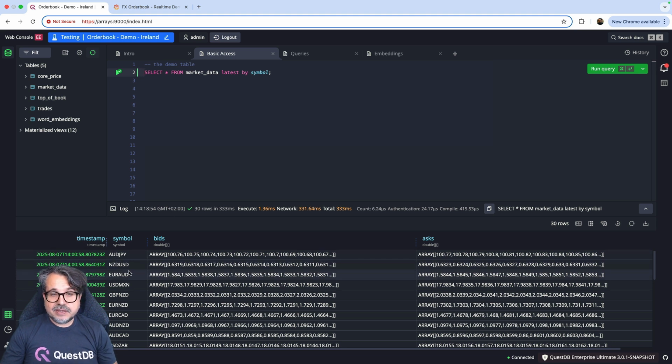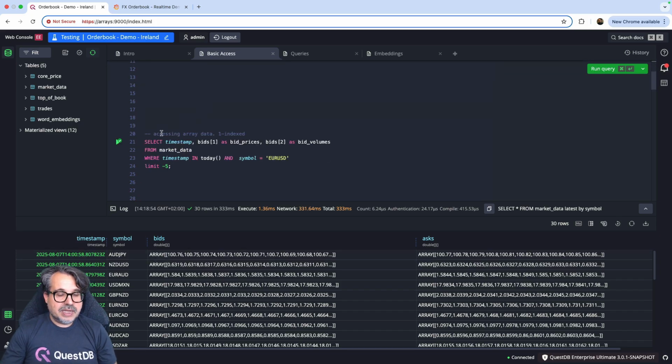So I'm representing FX, and what I have here is snapshots of the different currency pairs with the bids and the asks in the shape that I show you. The bids first dimension will be the prices, the bids second dimension will be the sizes, and the same thing goes for the ask. So this is what it looks like. I have only 4 columns, and then I can access data individually.